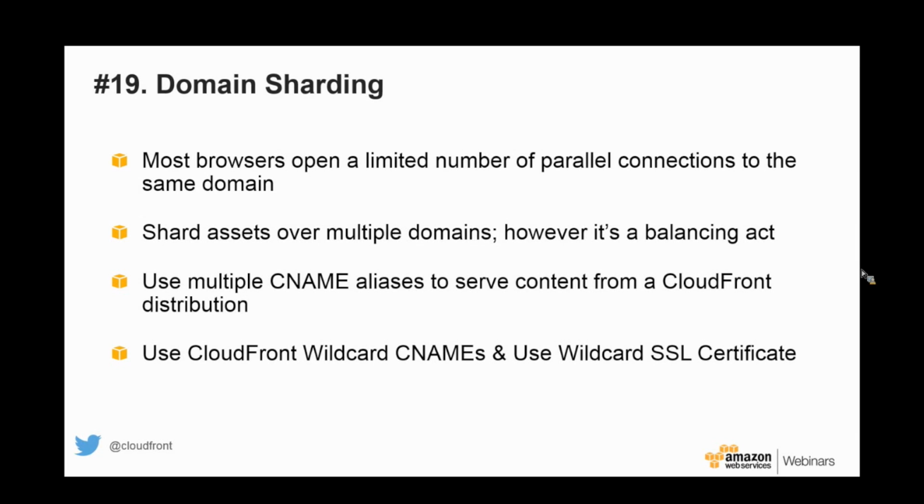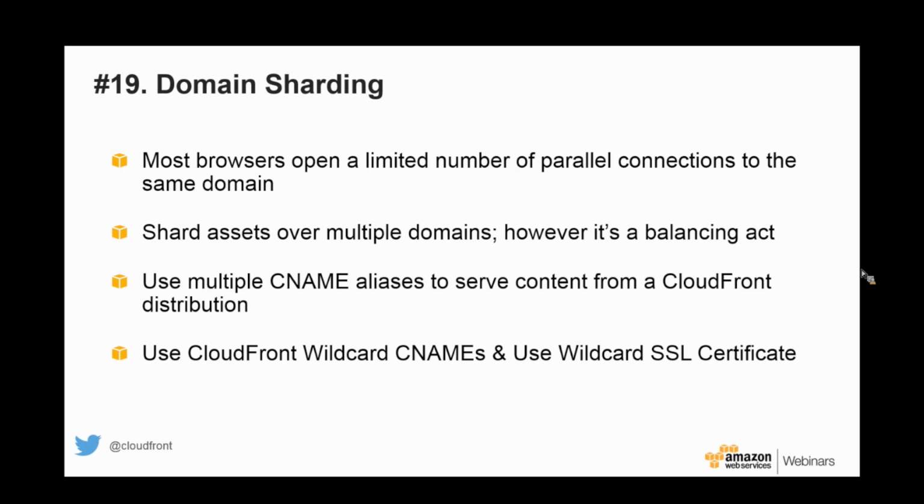The reason I say it's a balancing act is because if you use too many domains, and I intentionally say too many because it's vague in terms of where that limit lies, you could see degraded browser performance. So it's something you need to look at and test out.